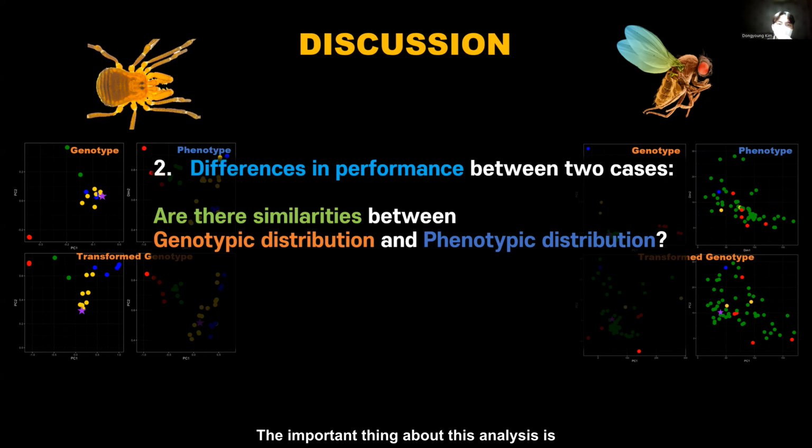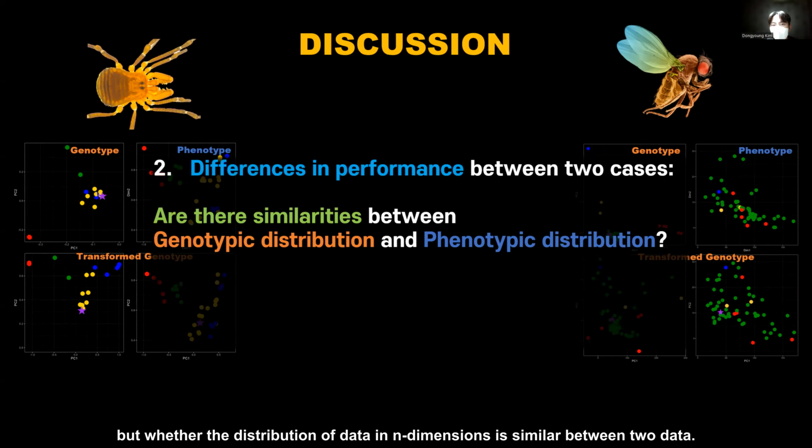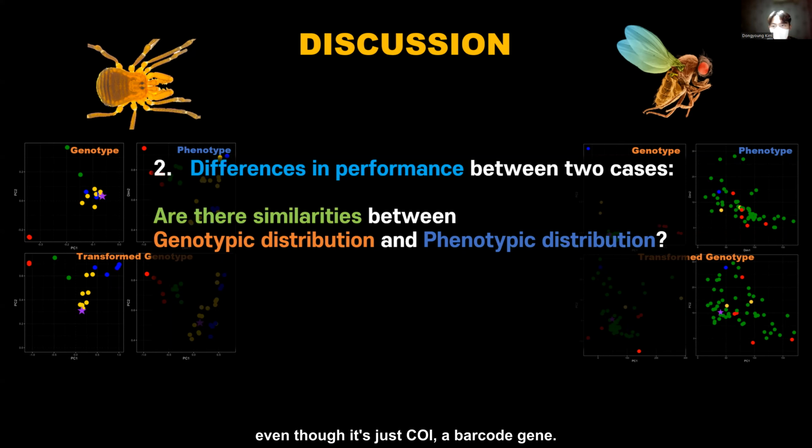The important thing about this analysis is not whether a particular variable, not each specific characteristic, is related to a gene or not, but whether the distribution of data in n dimensions is similar between the two data. That's why the Harvestman dataset has been transformed well, even though it's just CO1, a barcode gene.